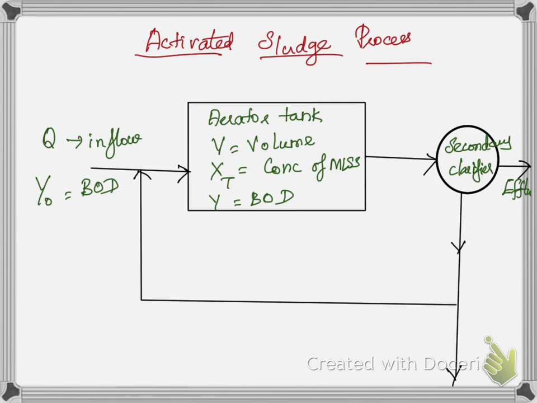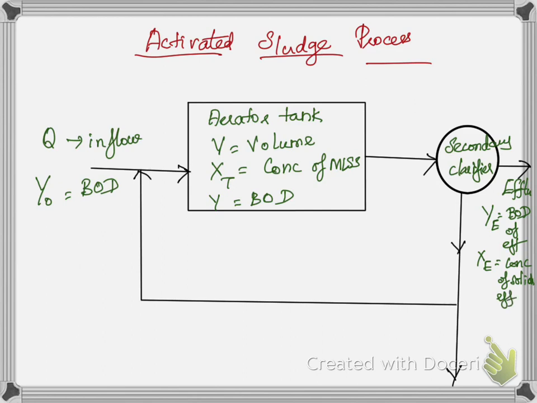When it is going outside, a certain amount of BOD will be removed, that we take as YE. YE is the BOD of the effluent that is coming out, and XE is the concentration of solids in the effluent. So how much concentration of solids is there in the effluent.